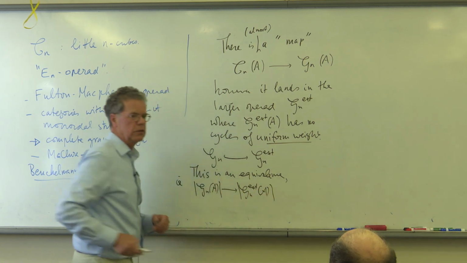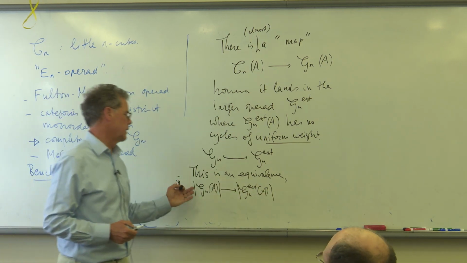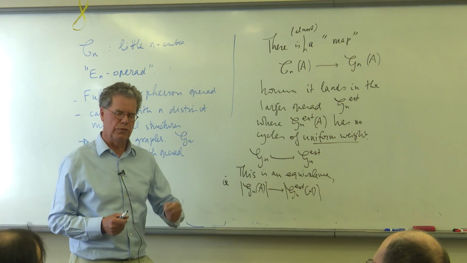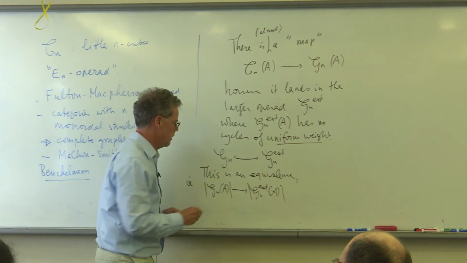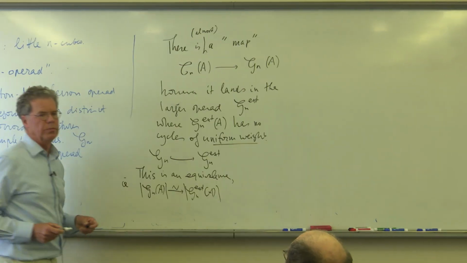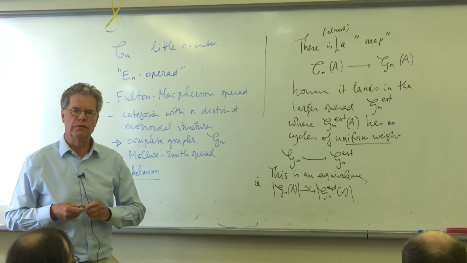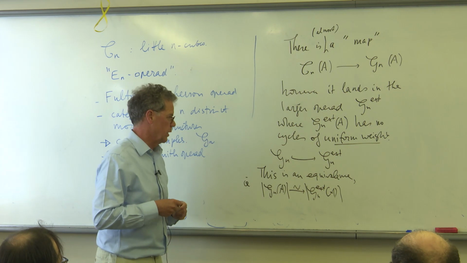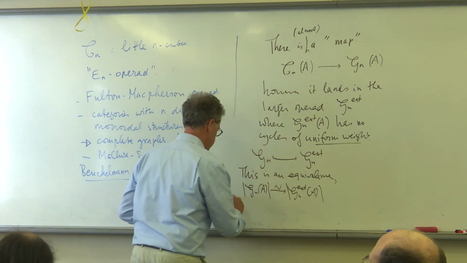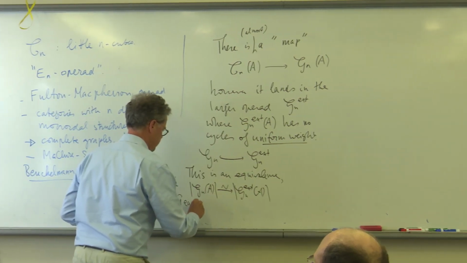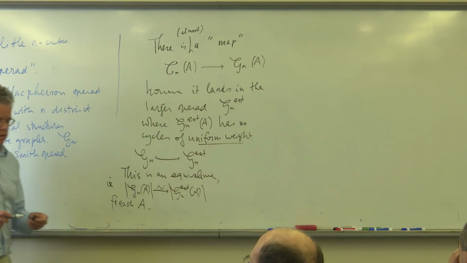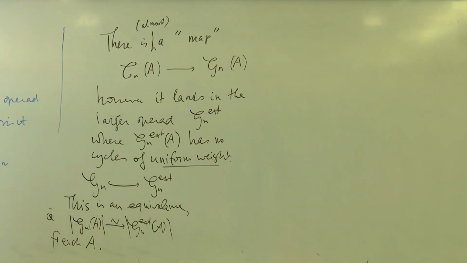That means you first take the nerve and then the geometric realization, or the classifying space of the poset, that this is a homotopy equivalence, or a weak homotopy equivalence is the same in this case. Okay? For each A. So that's the first little fact.